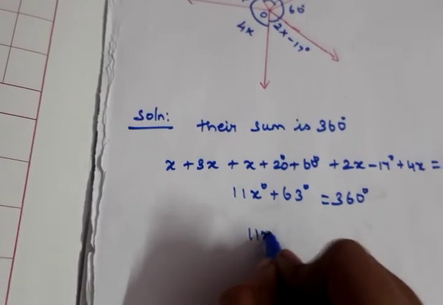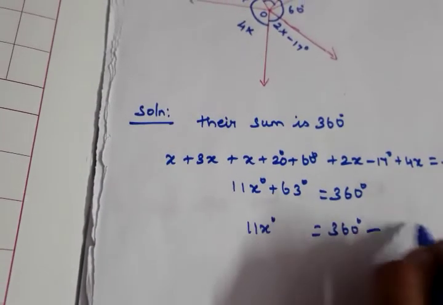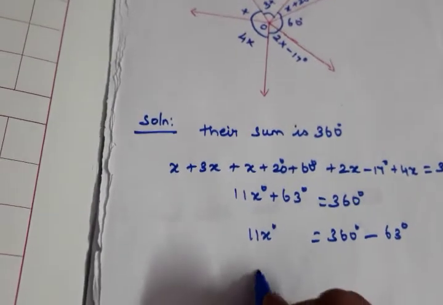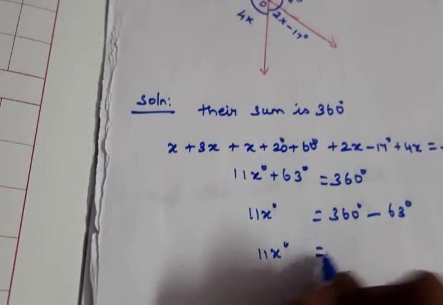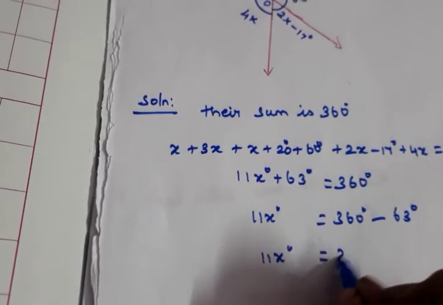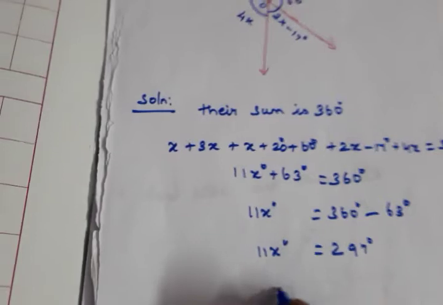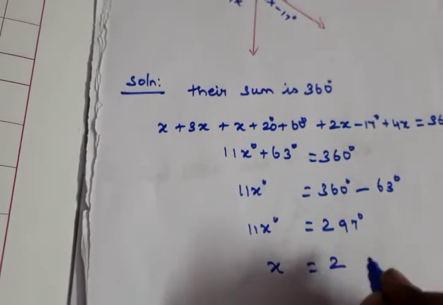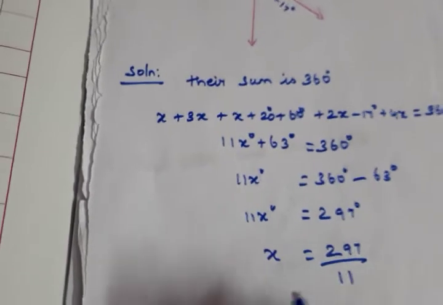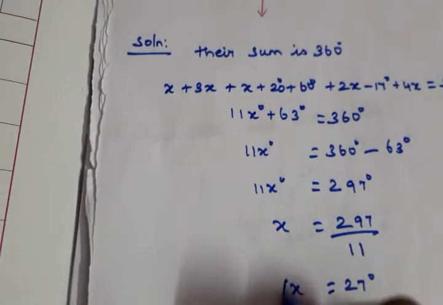So 11x equals 360 minus 63, which is 297 degrees. Then x equals 297 divided by 11. So x equals 27 degrees.